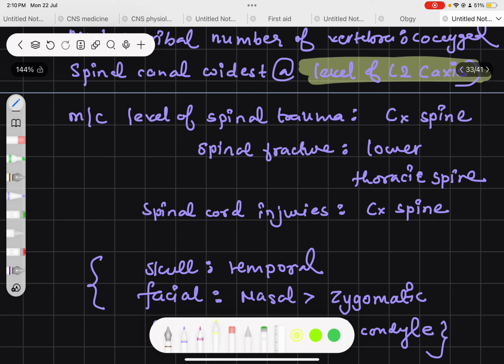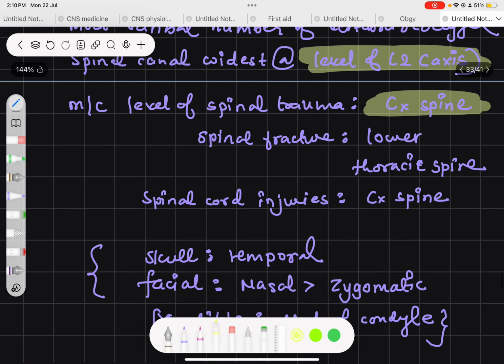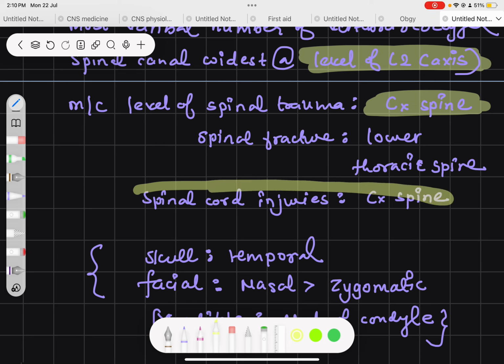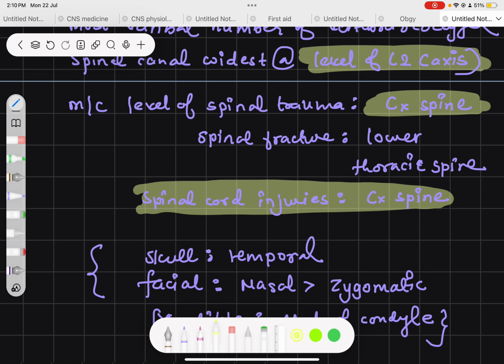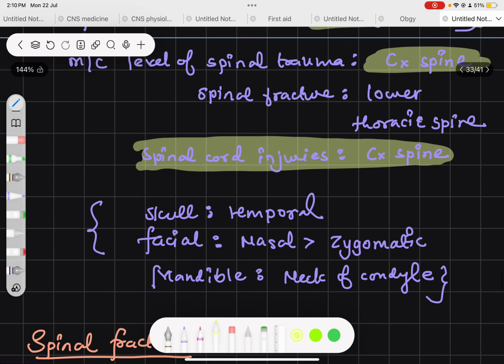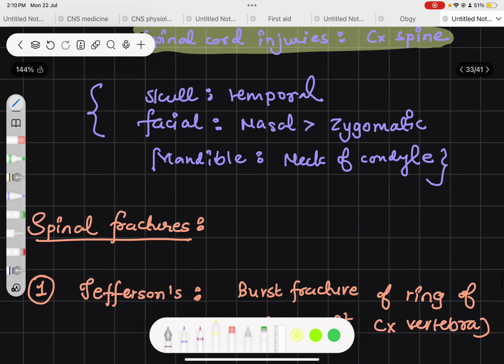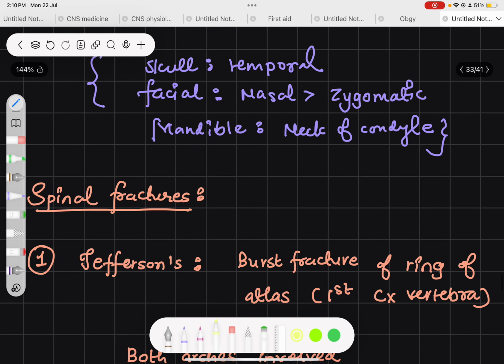Now the most common level of spinal trauma is C6 in the cervical spine, and obviously since spinal trauma is most common at the cervical level, spinal cord injury will also most commonly happen at the cervical spine. Just the fracture is different, it is at the lower thoracic spine level.